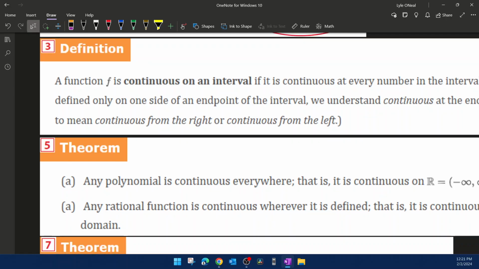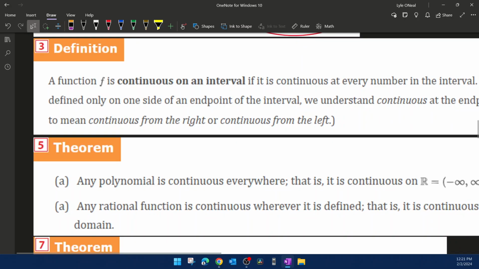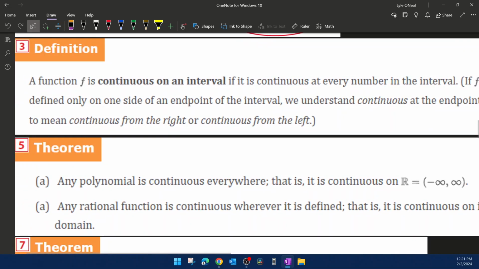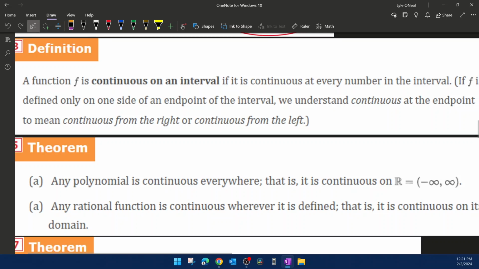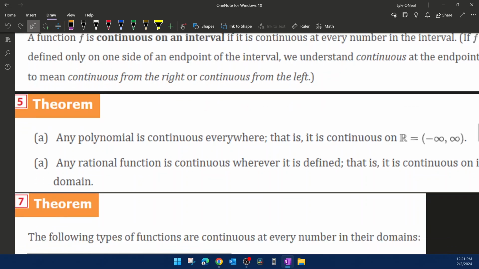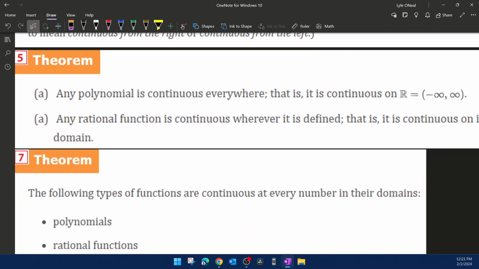Next, we have a definition that says a function f is continuous on an interval if it is continuous at every number in the interval. If f is defined only on one side of an endpoint of the interval, we understand continuous at the endpoint to mean continuous from the right or continuous from the left. Next, a couple of theorems. Any polynomial is continuous everywhere.